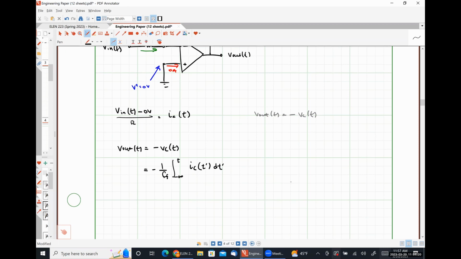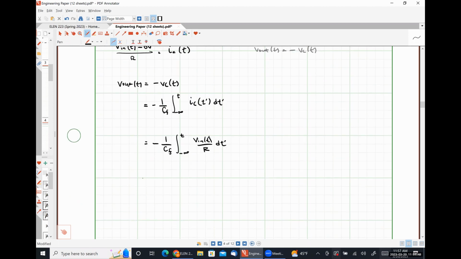If we substitute in our relationship that IC is equal to Vn over R, this comes out to be negative 1 over CF times the integral from negative infinity to T of Vn of T prime over R dt prime.